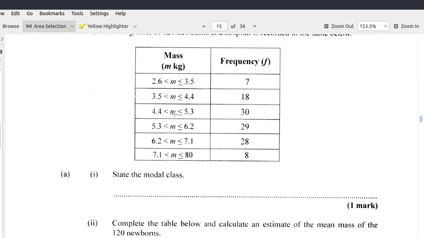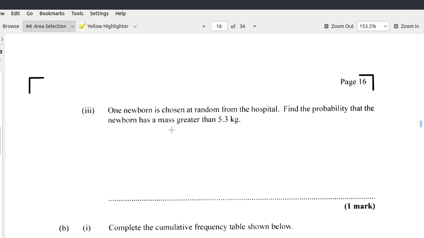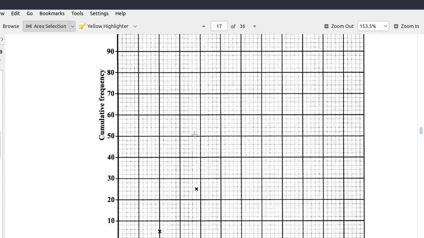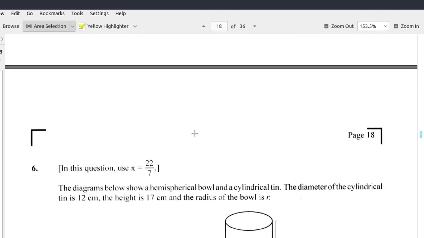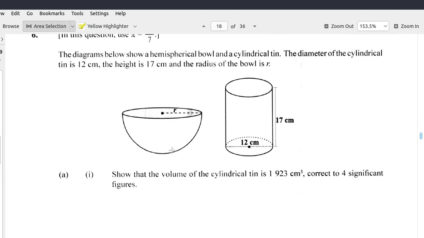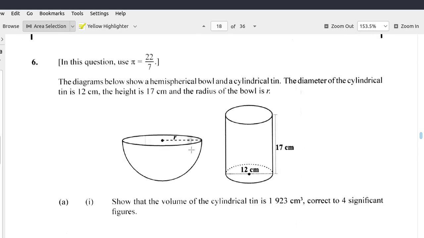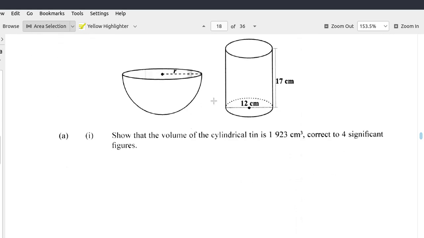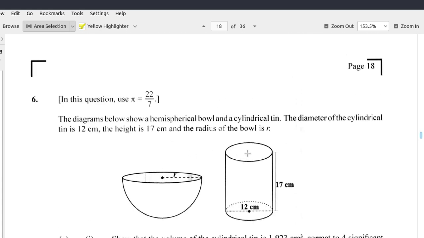Question 5, statistics. All right. Yes, you have your cumulative frequency curve to plot. Question 6, measurements. You're going to do some calculation involving radius, all right, a hemisphere and a cylinder.